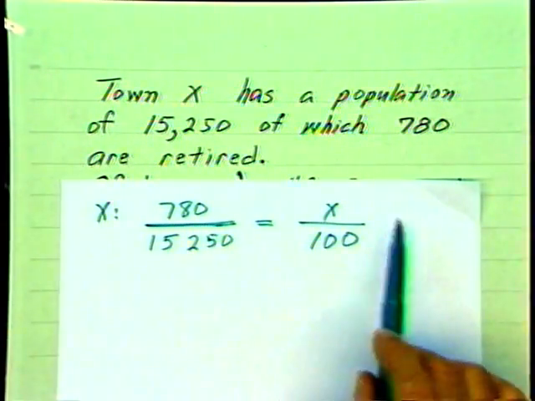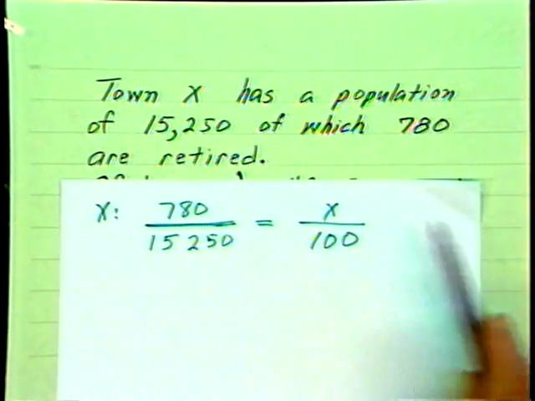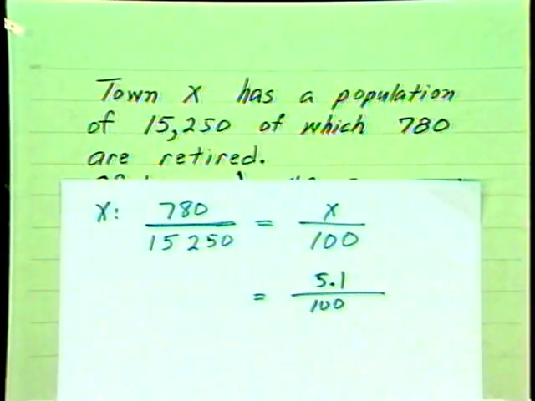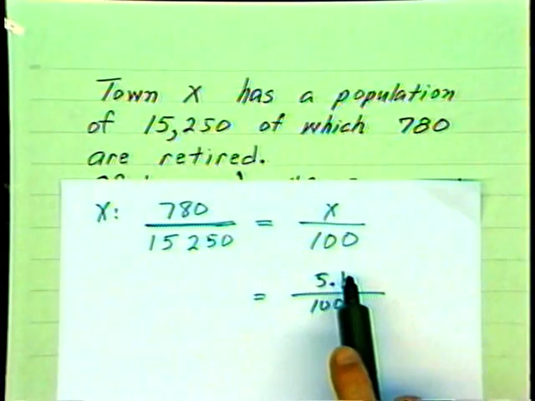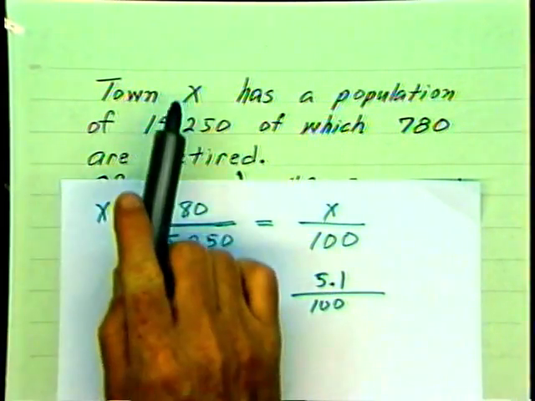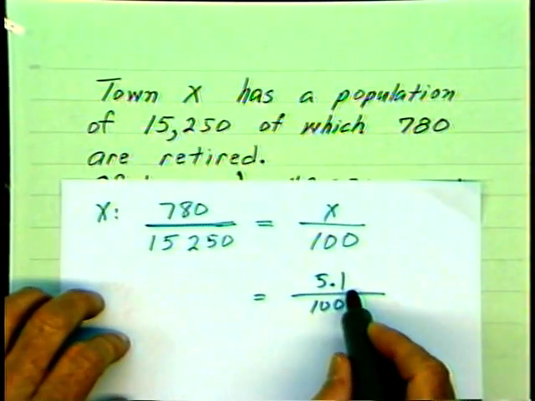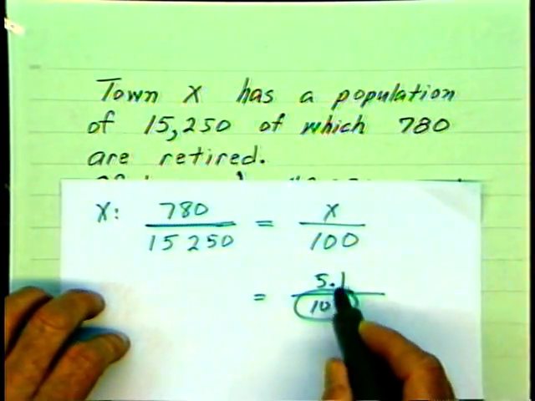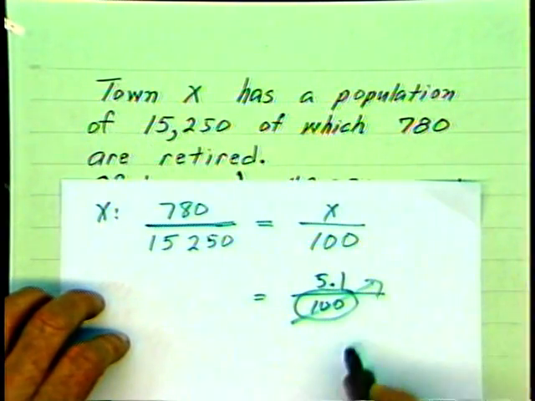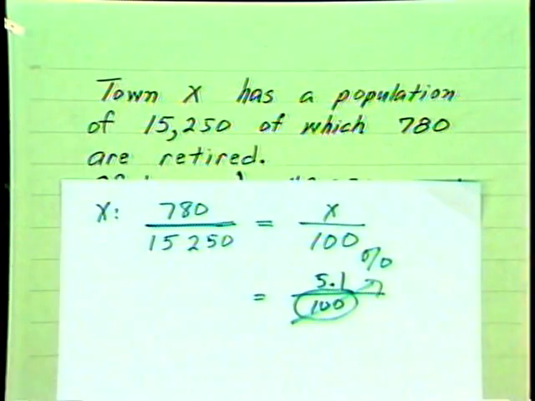So if we solve this proportion, which I will very quickly, and we'll round the x to the nearest tenth, we would get that 5.1 roughly out of every 100 of Town X's people are retired. And of course, we're suggesting at the start of this chapter that we will replace this per 100 by the simpler symbol percent.